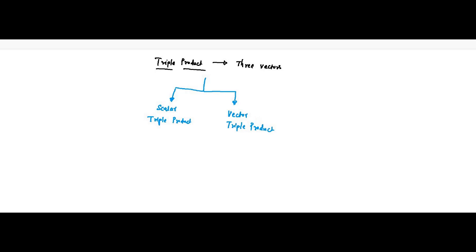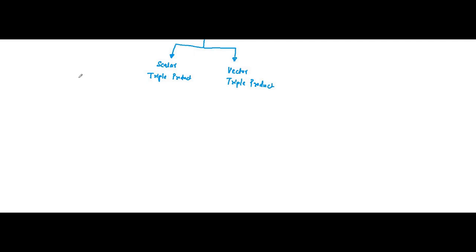So what is scalar triple product? So let us say there are three vectors. Okay, A vector, B vector and C vector.